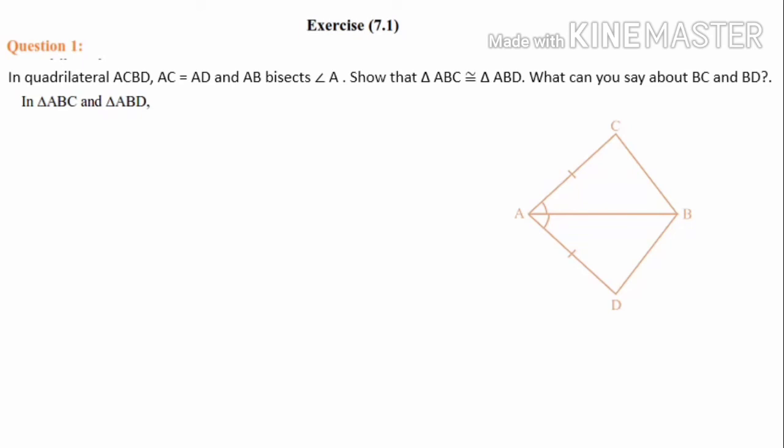So here in triangle ABC and ABD, let's take these two separately or highlight it here. I have highlighted ABC and another one, ABD, is also highlighted. And let's write the equal parts. AC and AD are equal. That is given to us here.